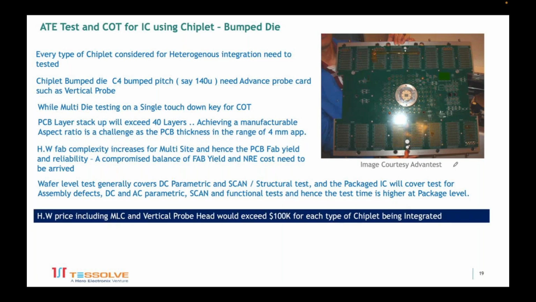A typical hardware design price, including the MLC with vertical probe card, can easily exceed 100K. So imagine if there are three different types of chiplet; it is going to increase. And when the chiplet is manufactured at higher volumes, each type needs to be replicated for 4 or 5 boards, and hence the cost of test is a key thing that needs to be analyzed from various angles, as cited here.